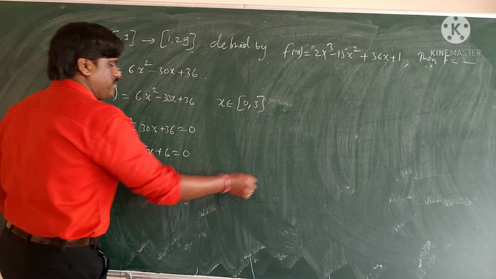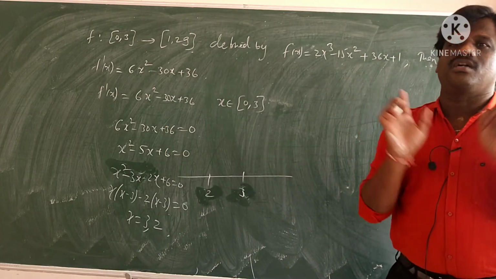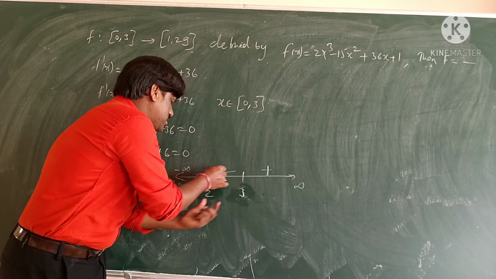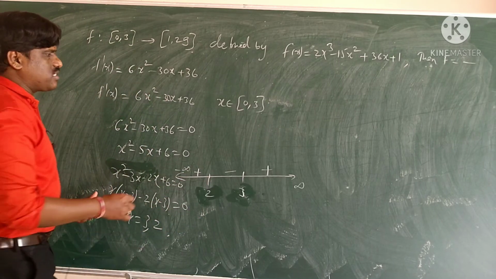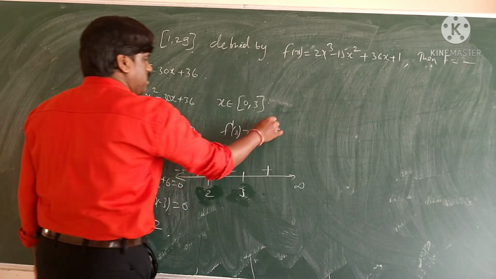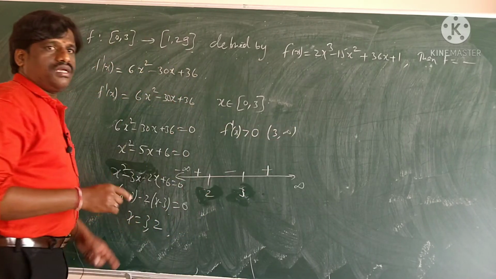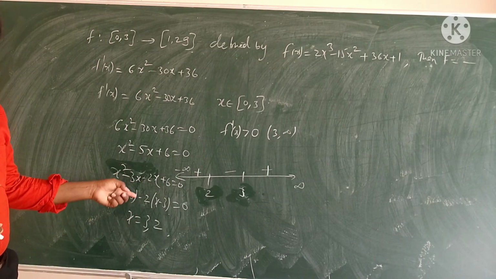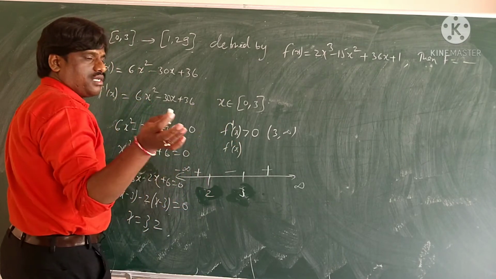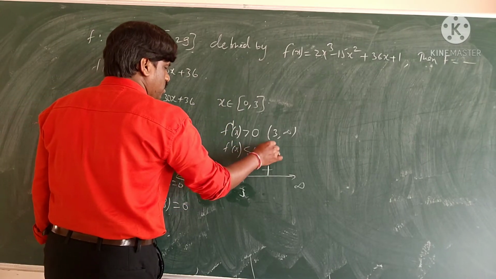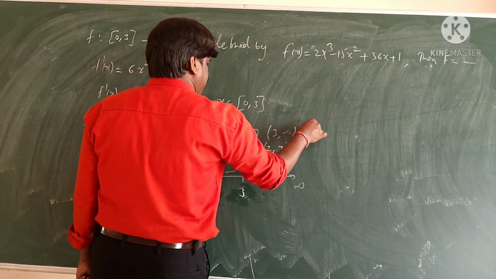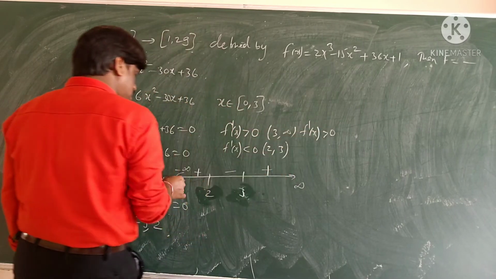So it means, what happens to the graph, that this function is 1-1 or not. Here is minus, here is plus. So f dash of x, what is happening here? f dash of x will be greater than 0 where? 3 to infinity, right. Next tell me quickly, f dash of x less than 0 where to where? 2 to 3. f dash of x greater than 0 in another place, where to where?